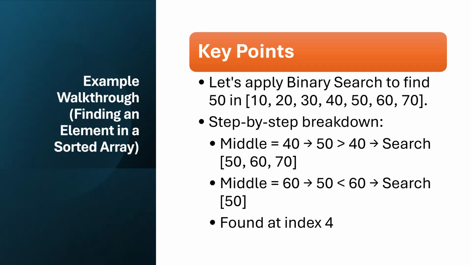It will compare: 50 is greater than 40, so search within 50, 60, 70. Then in the second step, the middle is 60, 50 is less than 60, so search for 50. Finally, the middle element will be 50 and the element is found at index 4. So binary search finds the element in just 3 steps instead of 7, which is the case with linear search.